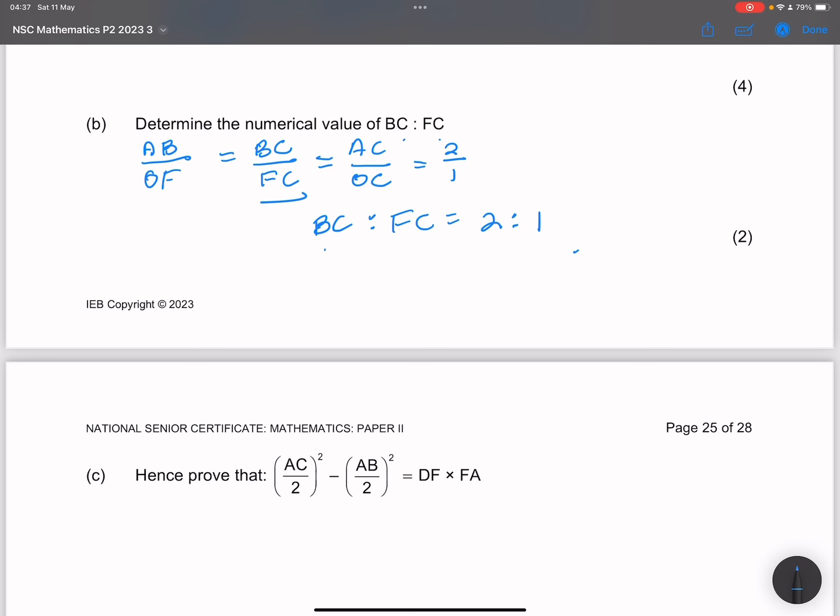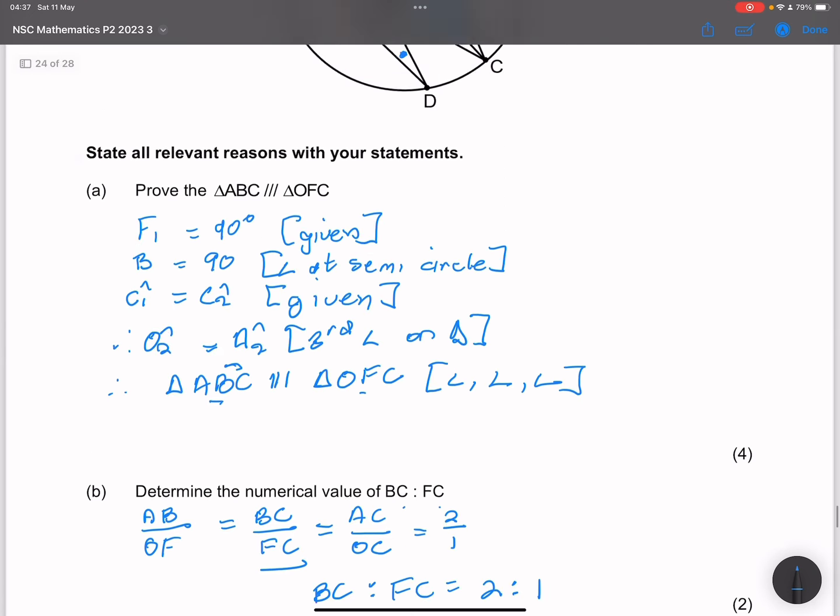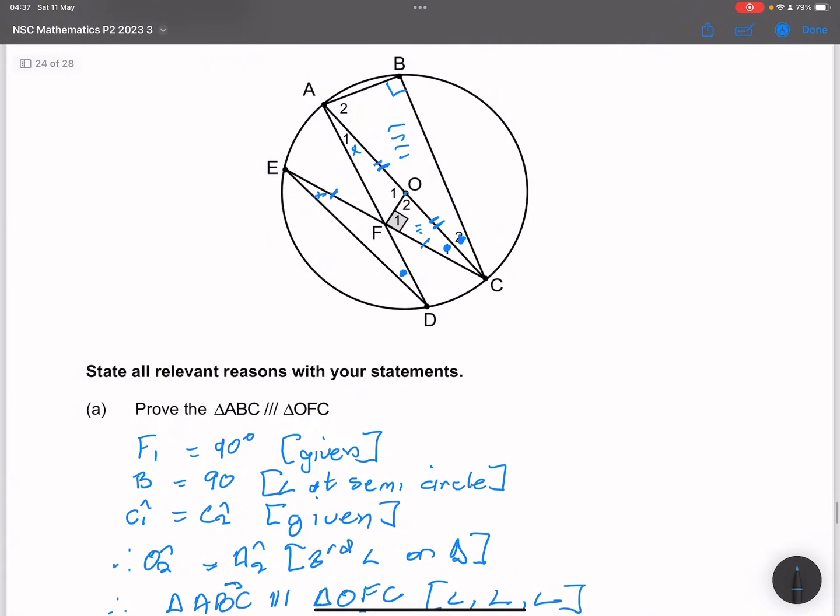But if you look at that, DF is really not in the triangles that we looked at. It's in a different triangle. In fact, it's in this triangle. So let's find another set of similar triangles. And I go back to triangle EFD as well as triangle AFC. Can you see that those two triangles are similar?